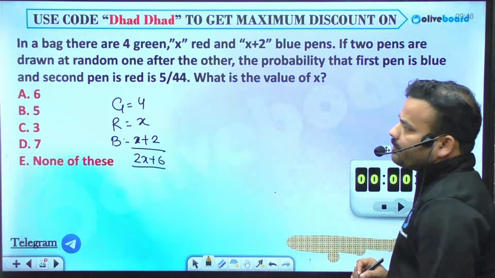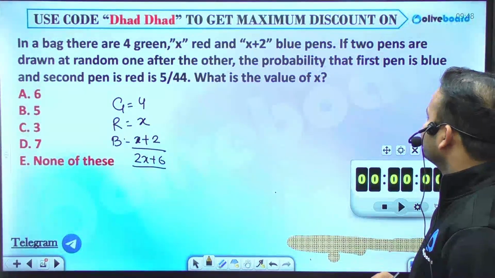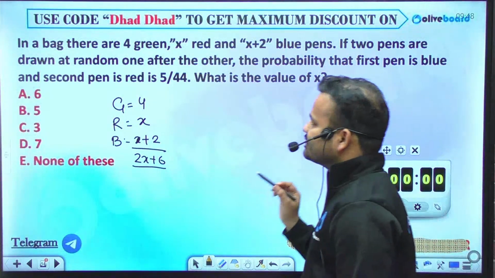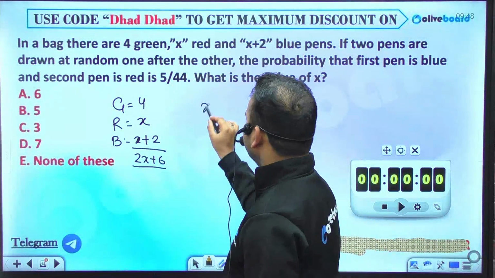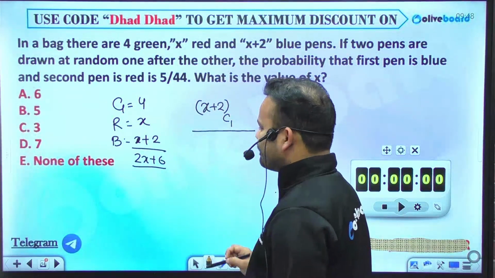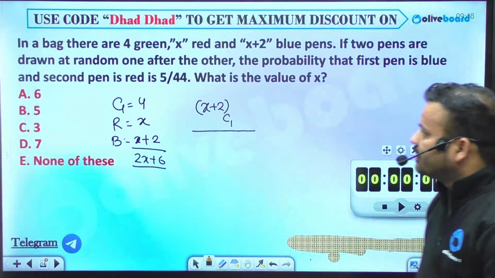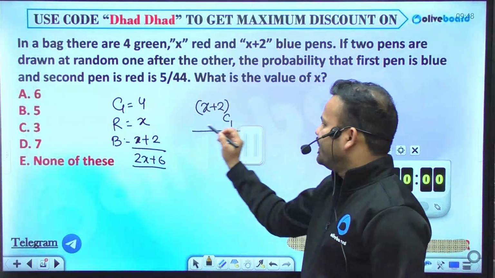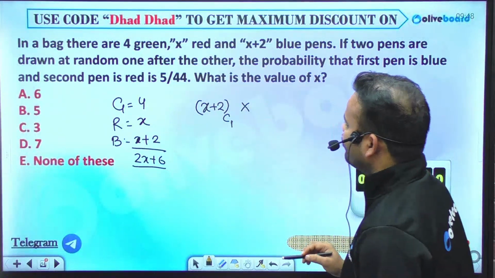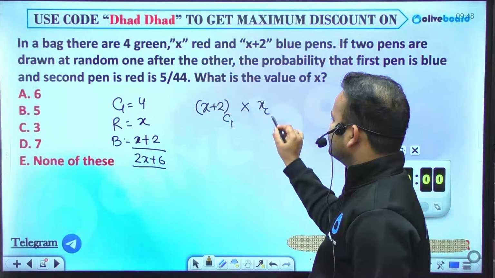If two balls are drawn at random one after another, the probability that the first is blue and the second is red. So the first is blue, so what will the probability of blue be? x plus 2 C1 by total samples. x plus 2 C1 will be the event for this, multiplied by second is red, which will be x C1.